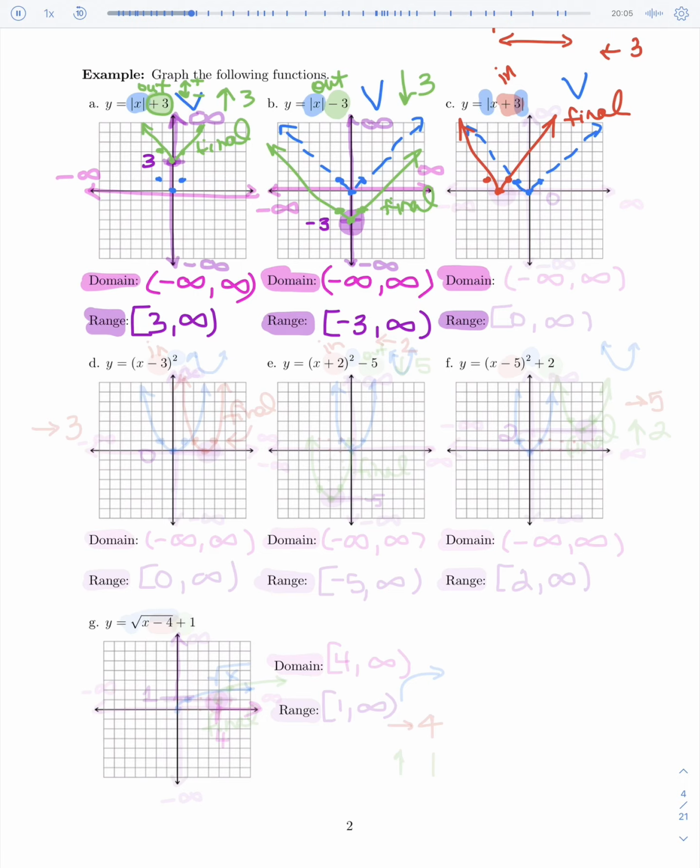I'd still want to go after my domain and then my range, one thing at a time. Starting with my domain, we'd be reading our graph from left to right, starting at the small end, the negative infinity, working towards positive infinity. And what we would notice is our graph continues both left and right forever. So our domain is going to be negative infinity to positive infinity again. However, the range is a little bit different because we didn't shift our graph up or down. We're going to start at negative infinity and work our way up towards positive infinity.